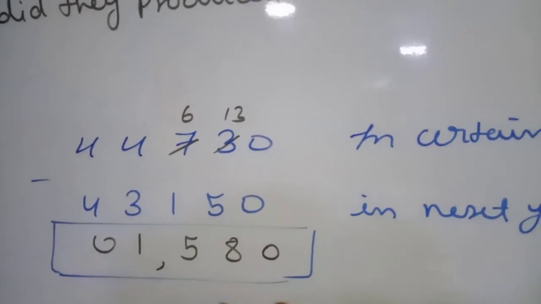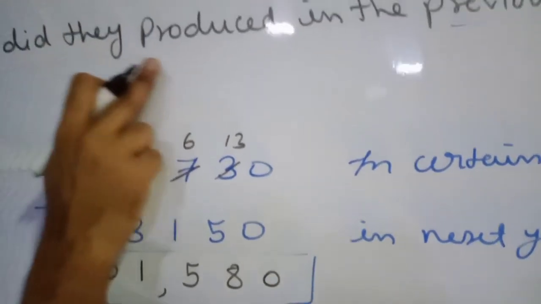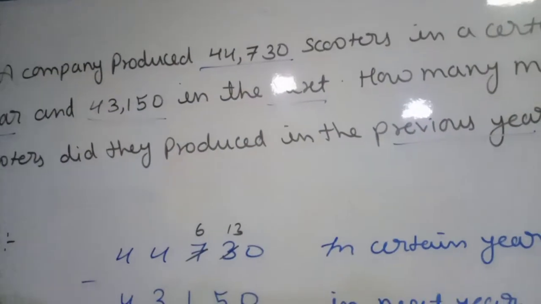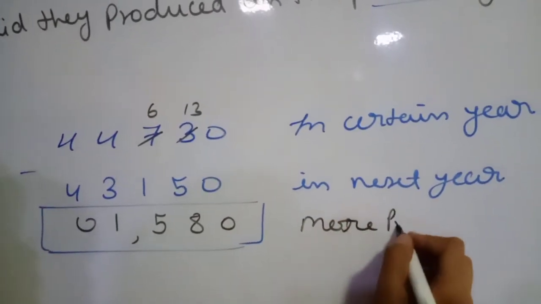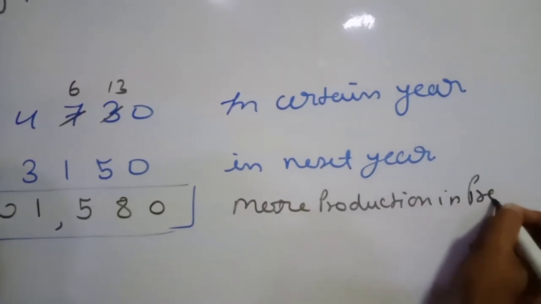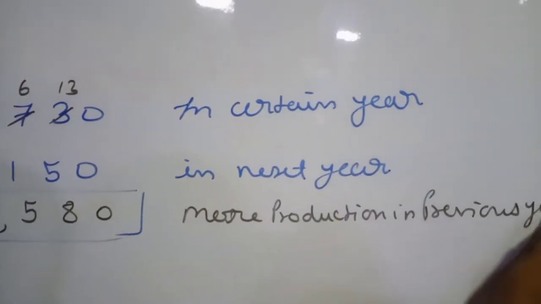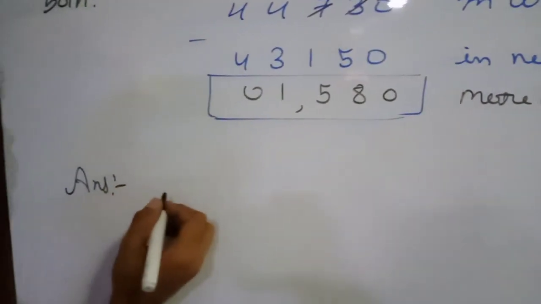1,580. What is this? How many more scooters did they produce in the previous year? This is the more production in the previous year. So we have to write the answer also.